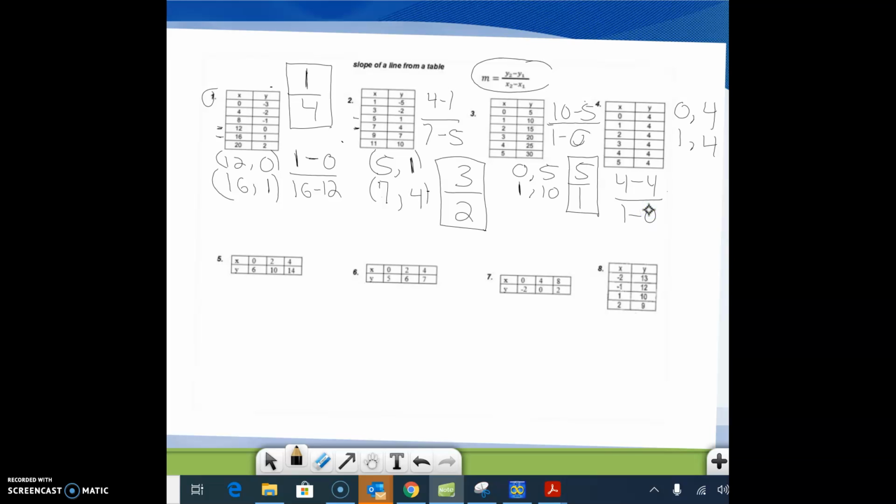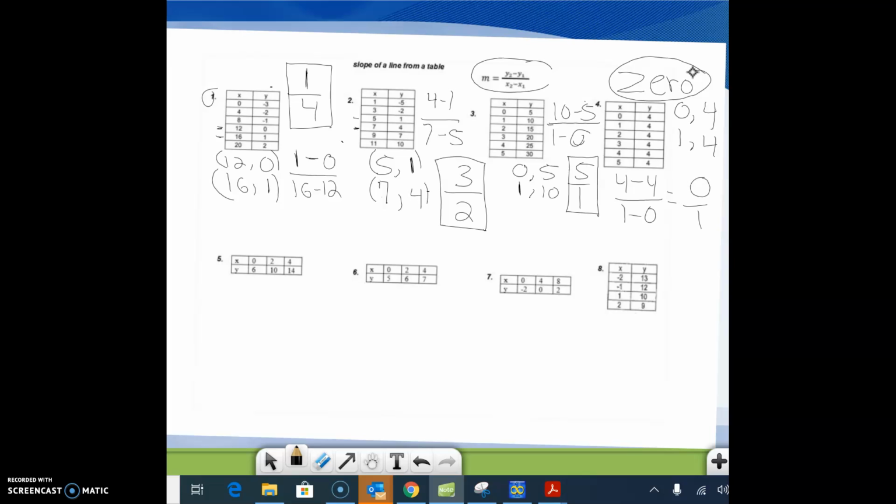And if you guys notice something, 0 is on the top. So my slope for number 4 is 0. Right? 0 on the top is 0. All right, now the next three. Be careful, they're just a little different.